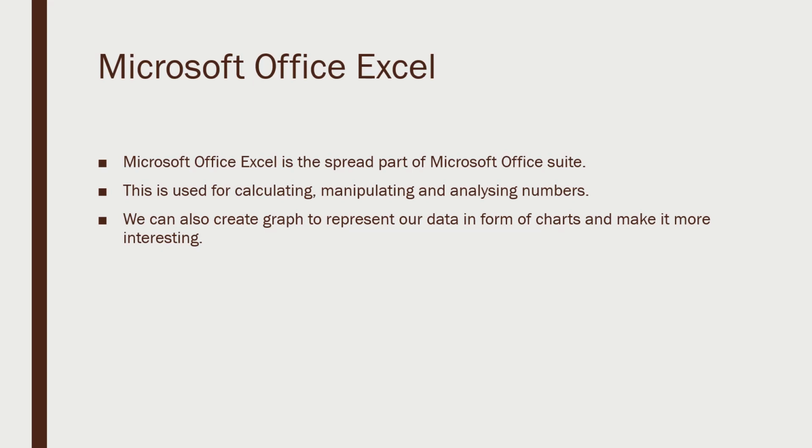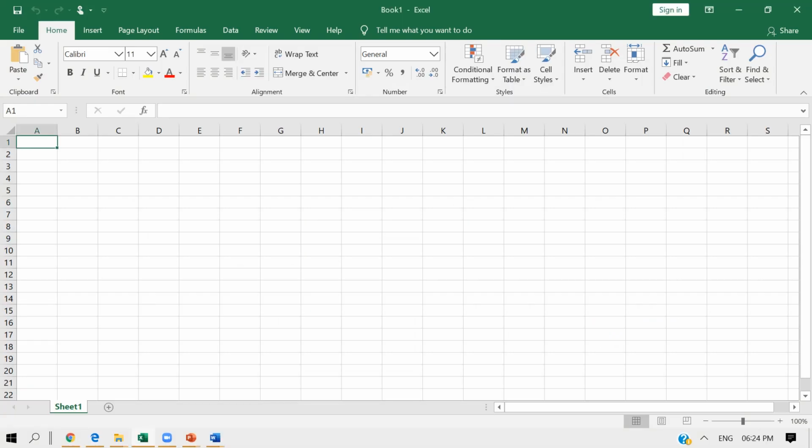Now I'll take you to Microsoft Office Excel and we'll see it from there. So this is our Excel. There are many things that you need to know about it. The basic things are like this is the title bar where the name of your spreadsheet will be given.